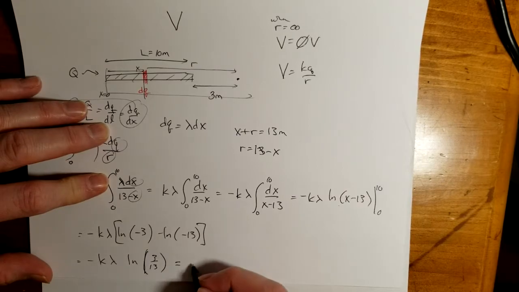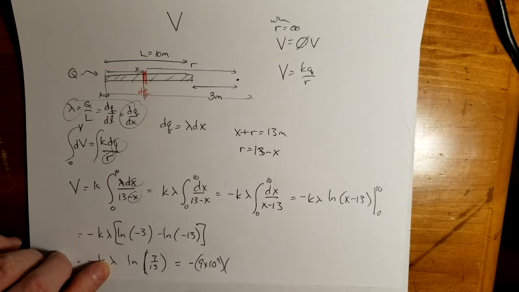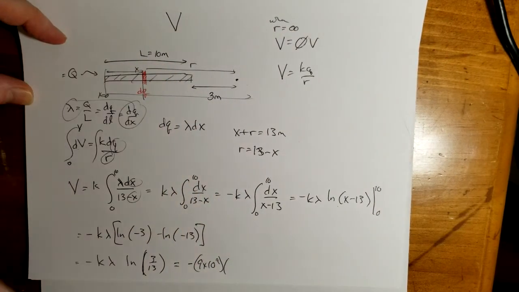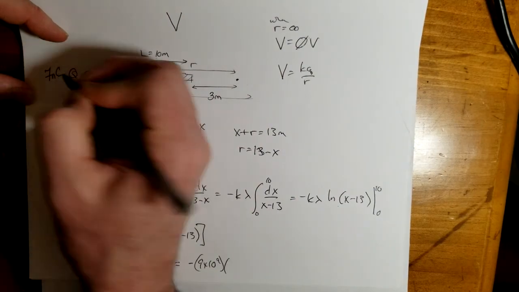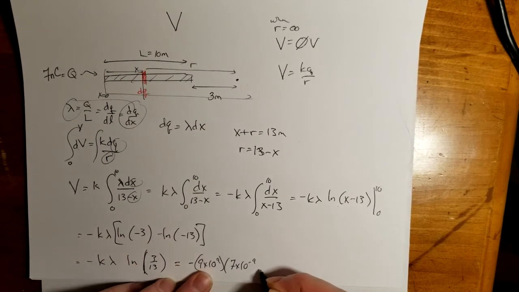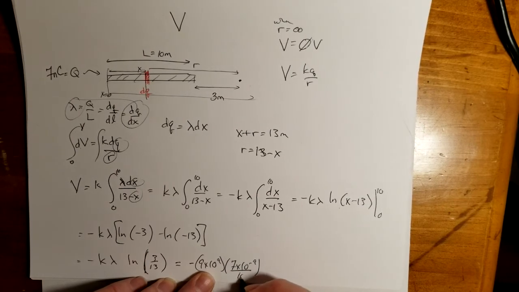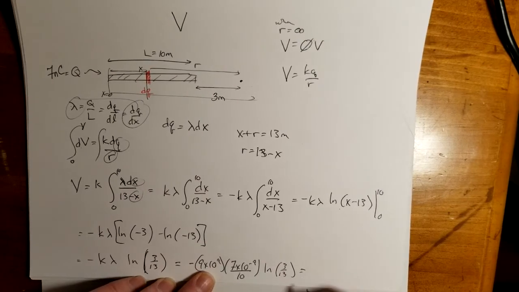And so this becomes negative 9 times 10 to the 9th. Lambda is Q over L, so let's come up with a value for Q. Let's make this 7 nanocoulombs. Why not? So 7 times 10 to the negative 9th over the length, which is 10, times the natural log of 3/13.